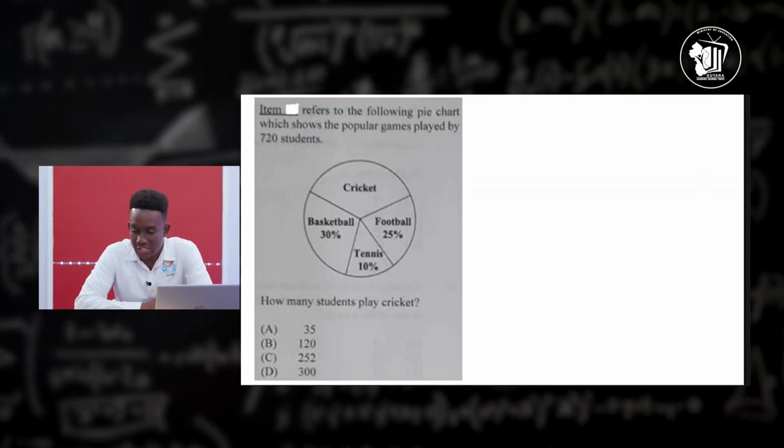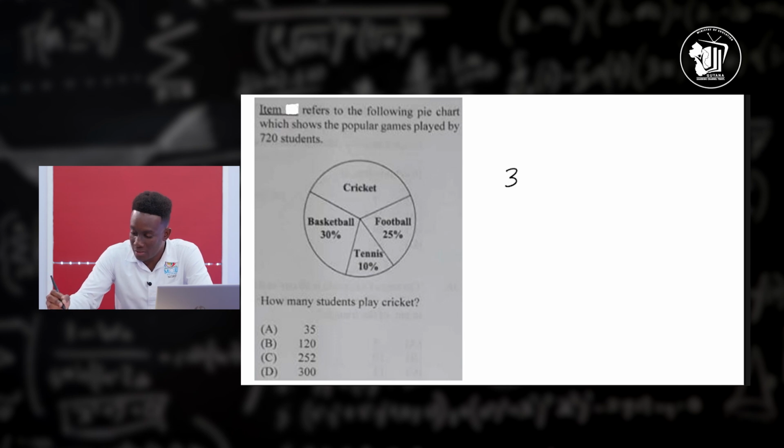So this question says, the item refers to the following pie chart, which shows the popular games played by 720 students. So you have cricket, basketball, football, tennis. So how many students play cricket? So we see 30% of students play basketball, 10% of students play tennis, and 25% of students play football.